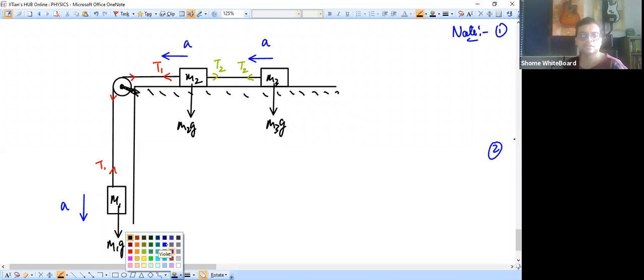So these two blocks have only horizontal motion.